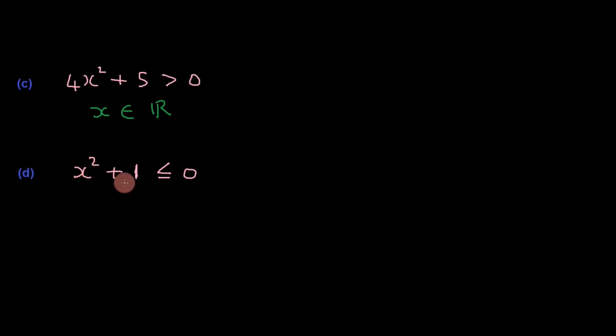So 0 plus 1 will give us a positive answer, and a positive number here plus 1 will also give us a positive answer. So x squared plus 1 will never be less than or equal to 0 for any real value of x, whether x is negative or positive or 0. So in this case, there's no solution. So no solution to this inequality.